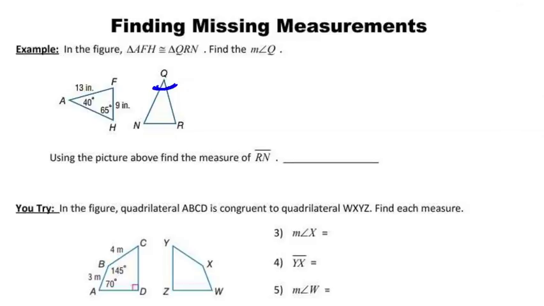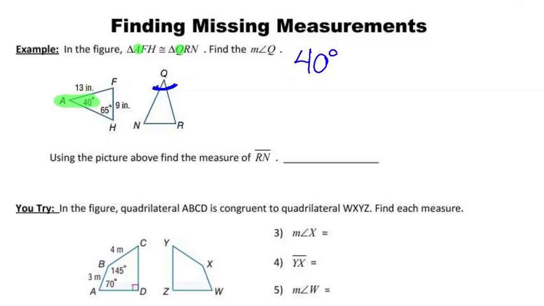Now if we look at the congruent statement, here's Q. What angle would correspond with angle Q? It has to be in the same location in the congruent statement. What would match with angle A, which is right here? So what is the measure of angle Q? Well, angle Q has to be 40 degrees because it matches where A is.